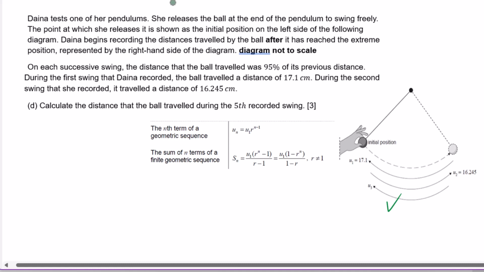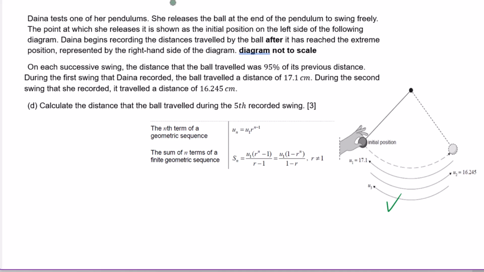On each successive swing, the distance that the ball traveled was 95% of its previous distance. This means geometric sequence and r equals 95%, which is 0.95.